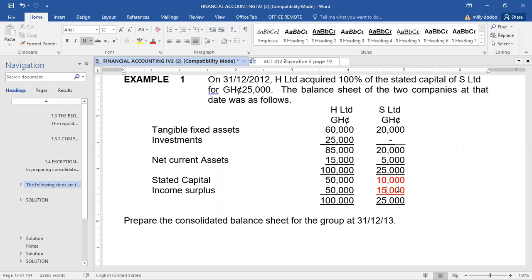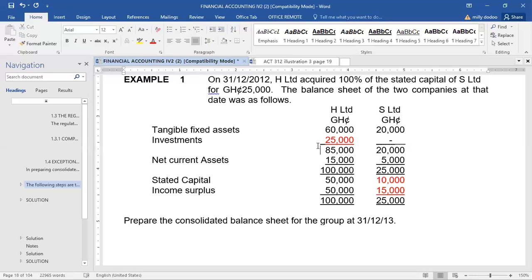Now, in an attempt to consolidate this account or to buy this company, whatever H will be using to buy this company is called the investment. So the money H will be using to buy the company is called the investment, because whatever H is doing is an investment.